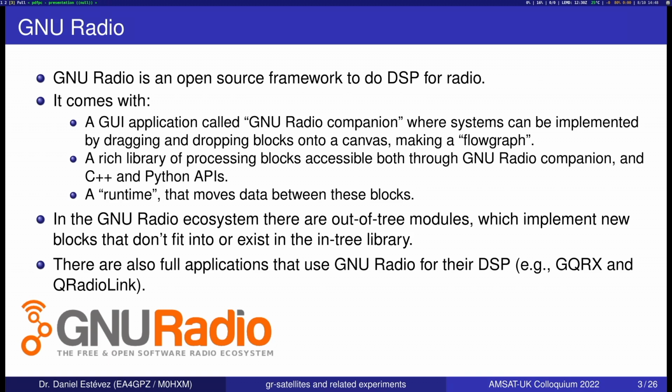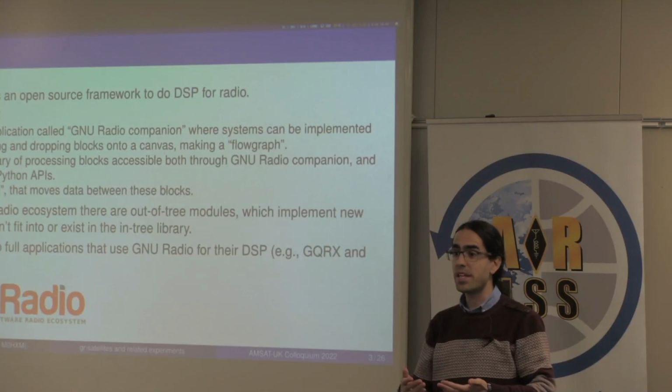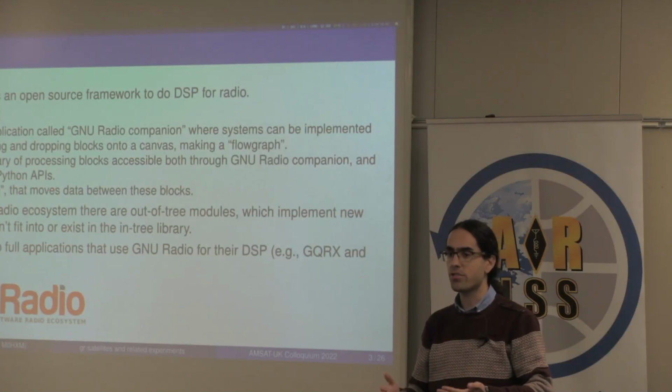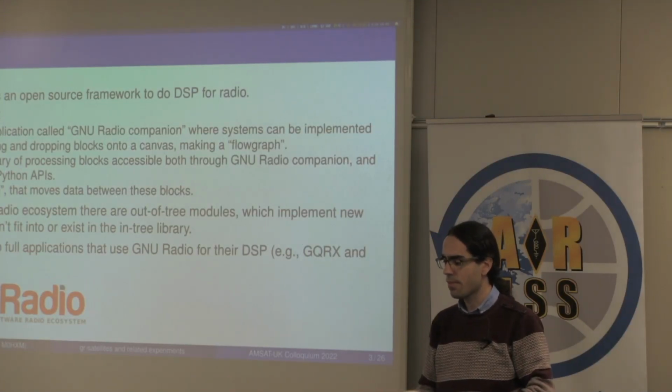Besides that, there's a rich library of signal processing blocks that you can use, and those blocks can be as simple as sum, so sum together two signals, or they can be as complex as a DVB-S2 modulator, so a complete transmitter for digital TV.